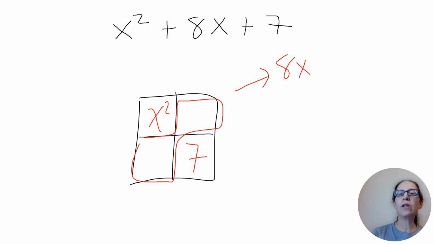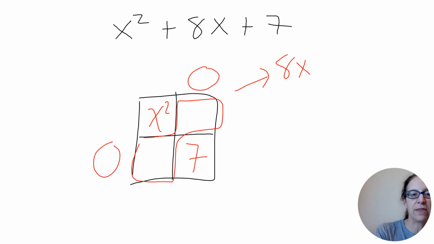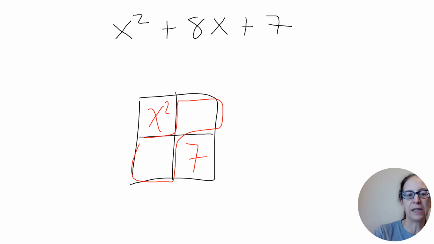And what we're looking for here are two numbers that when we place them right there and right there, they are going to multiply to give us a 7. So when we multiply the base and the height, these two numbers are going to give us 7, but when we add them up, they're going to be able to give us an 8. And that's part of that process of reasoning your way through a factoring problem.